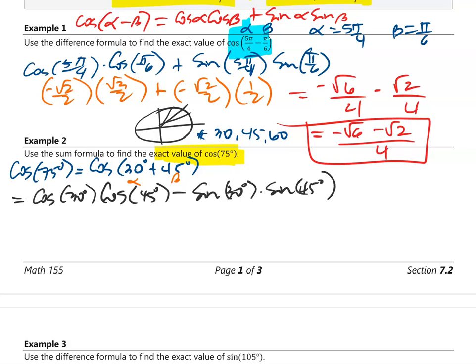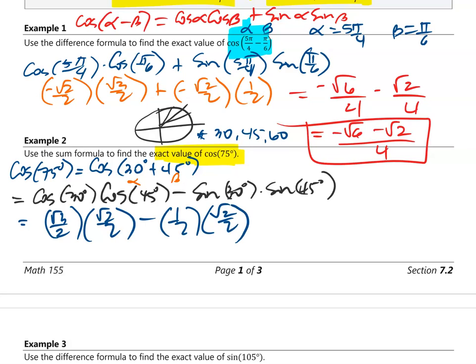And cosine of 30 degrees is square root of 3 over 2. Cosine of 45 degrees is square root of 2 over 2. Sine of 30 is 1/2. And sine of 45 is square root of 2 over 2.